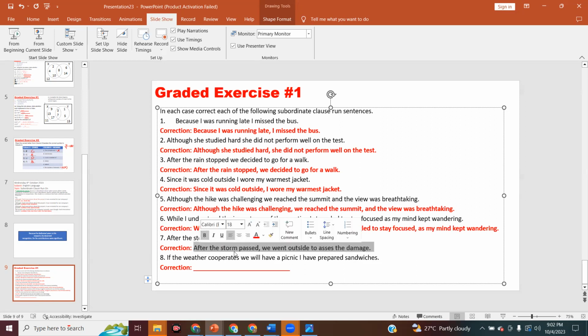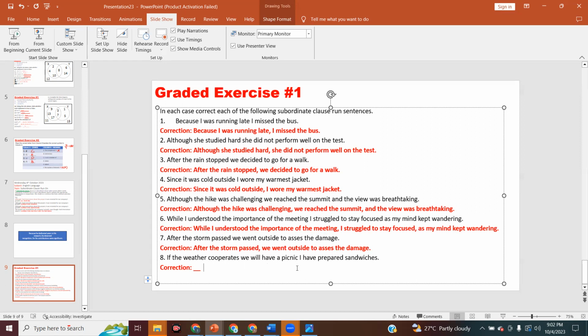All right. And finally, if the weather cooperates, we will have the picnic. I have prepared sandwiches. Okay, how did you restructure it? I have prepared sandwiches. We will have a picnic if the weather cooperates with us.